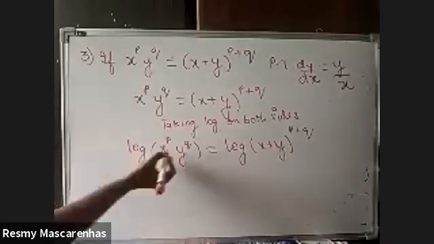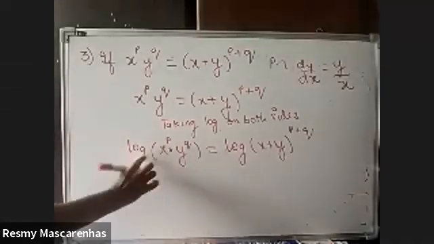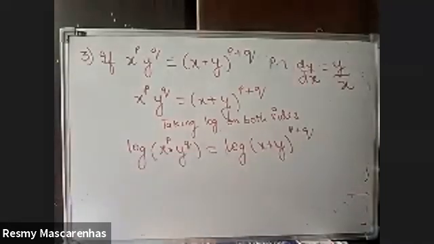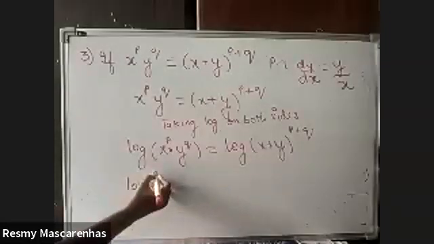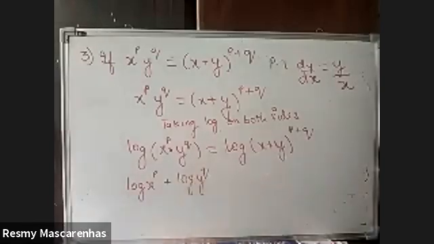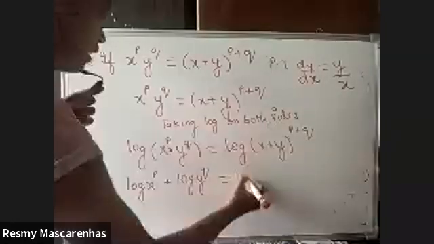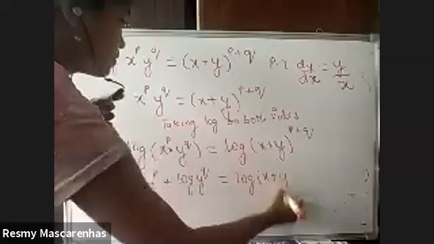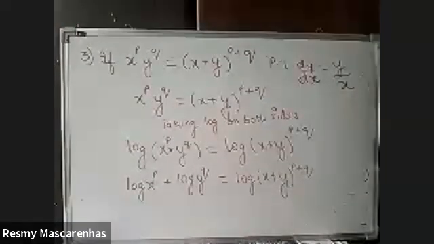Now whenever there's a multiplication sign, you can always split it: log of a into b will be log of a plus log of b. So I have split log of a into b as log of a plus log of b.